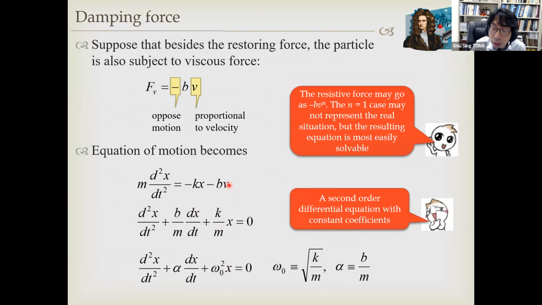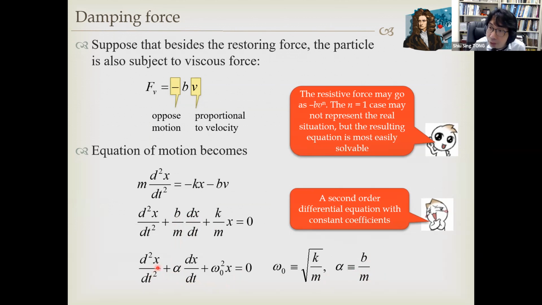The velocity can be written as dx/dt, right? The first derivative of x is the velocity. And I can write a shorthand: B over m, I define it as alpha. Alpha is simply a shorthand for B over m, but it's nothing special, okay? So this is a so-called linear second order differential equation with constant coefficients. This equation has a standard method to solve, okay?